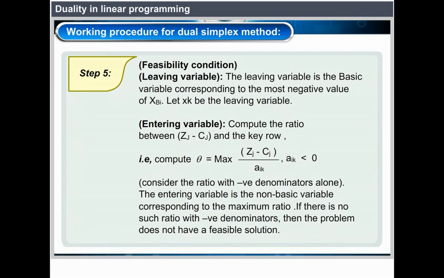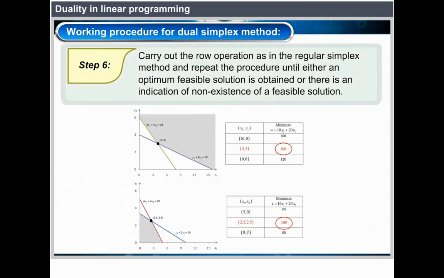Consider the ratio with negative denominators alone. The entering variable is the non-basic variable corresponding to the maximum ratio. If there are no such ratios with negative denominators, then the problem does not have a feasible solution. Step 6. Carry out the row operation as in the regular simplex method and repeat the procedure until either an optimum feasible solution is obtained or there is an indication of non-existence of a feasible solution.